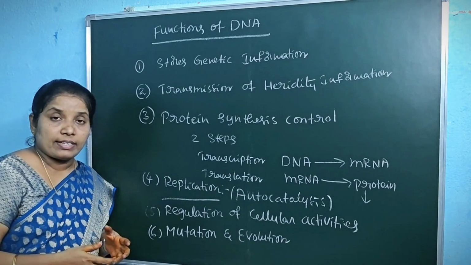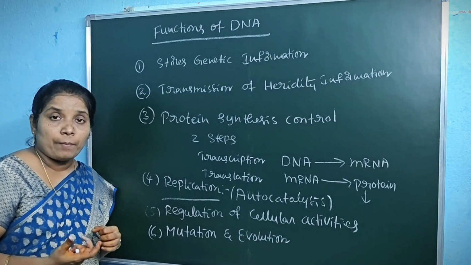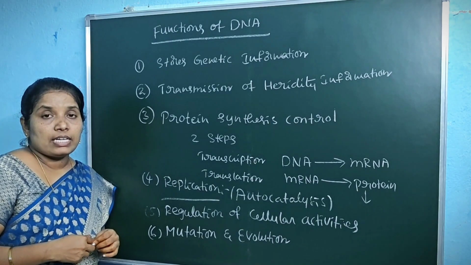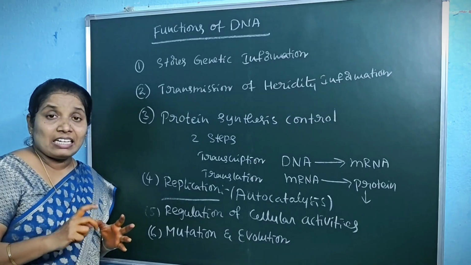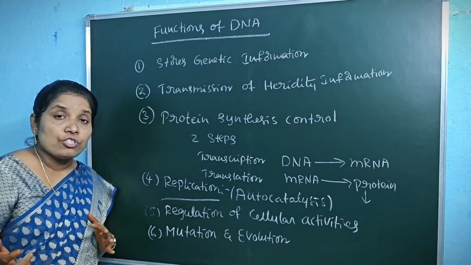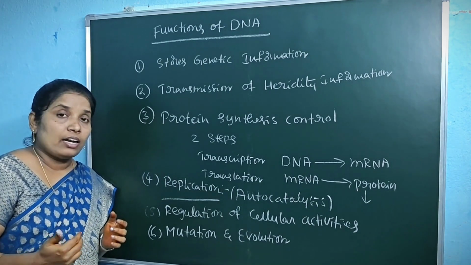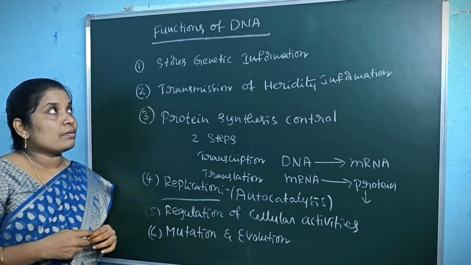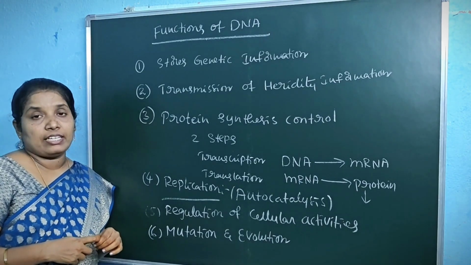These mutations or variations are responsible for evolution and natural selection. Sudden changes in the sequences of DNA lead to mutation. Those mutations are responsible for the variations. They are involved in evolution and also natural selection. Okay, so this is about the types of DNA and the functions of DNA, students.